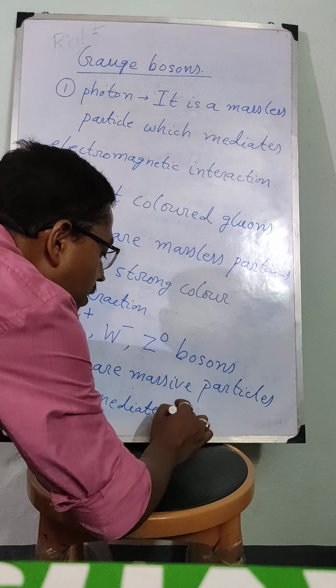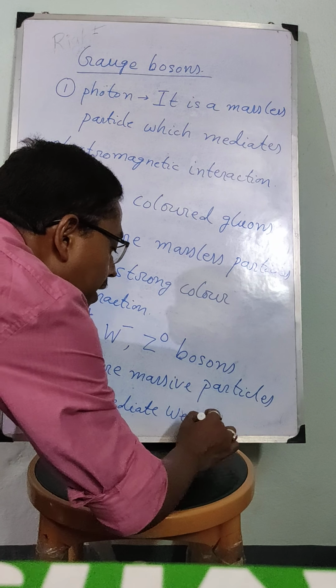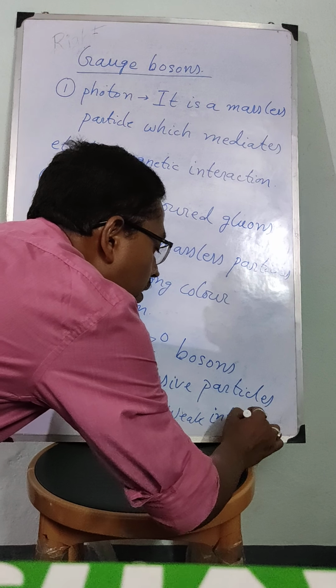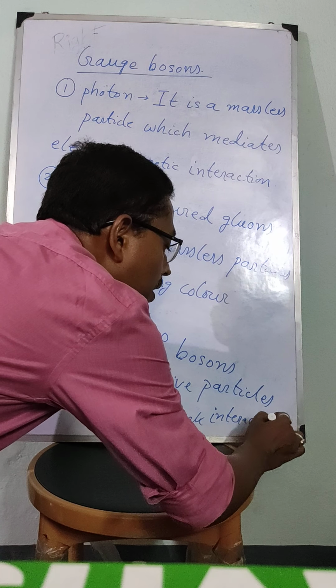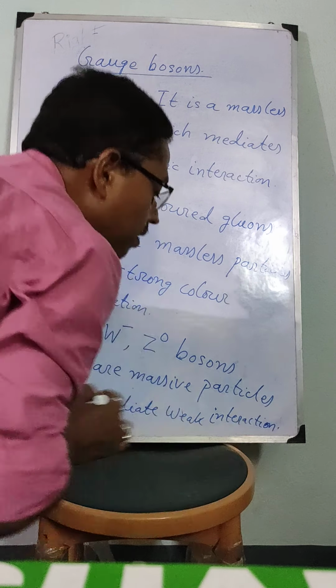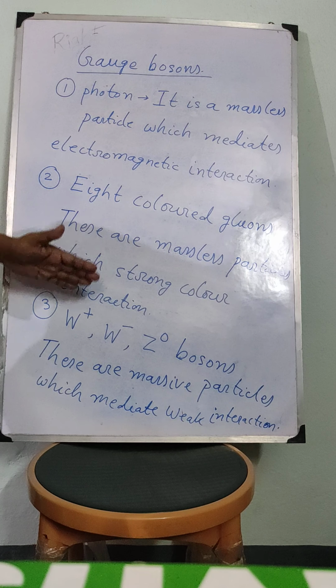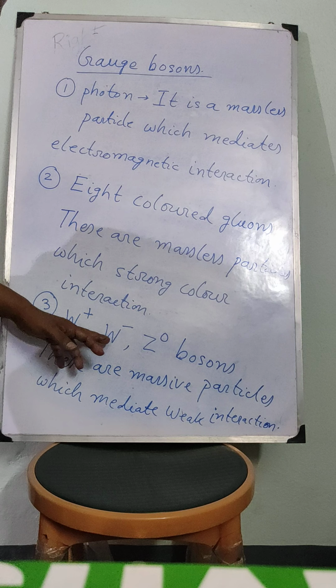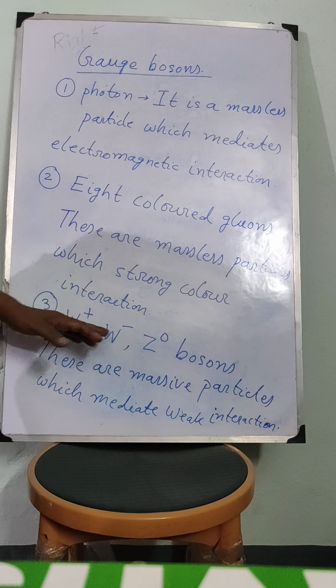So we have 1 photon, 8 gluons, so 9, and 3: W plus boson, W minus boson, and Z0 boson.